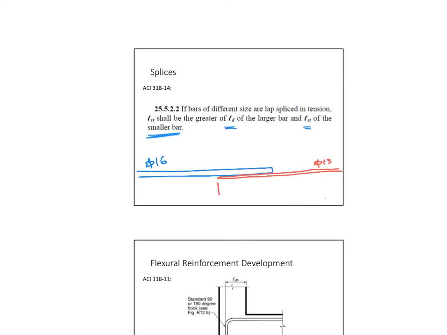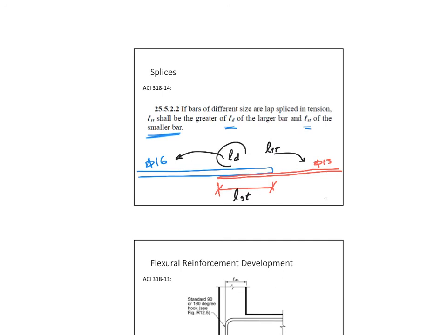What is the development length here, or the splice length here, going to be? What is this going to be based off? LST. Now this provision tells you that if you're splicing two different bar sizes, your splice length is the bigger of LD for this guy and LST for this guy.